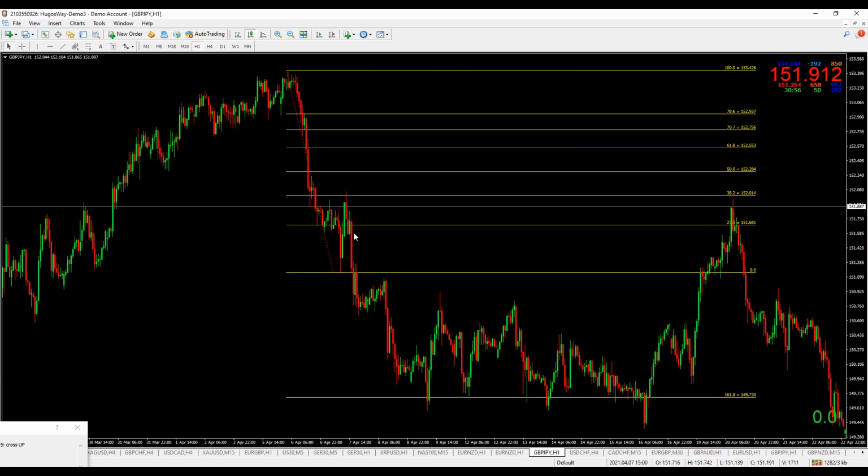And we see here it retraced by about 38.2%, which is a good enough retracement.